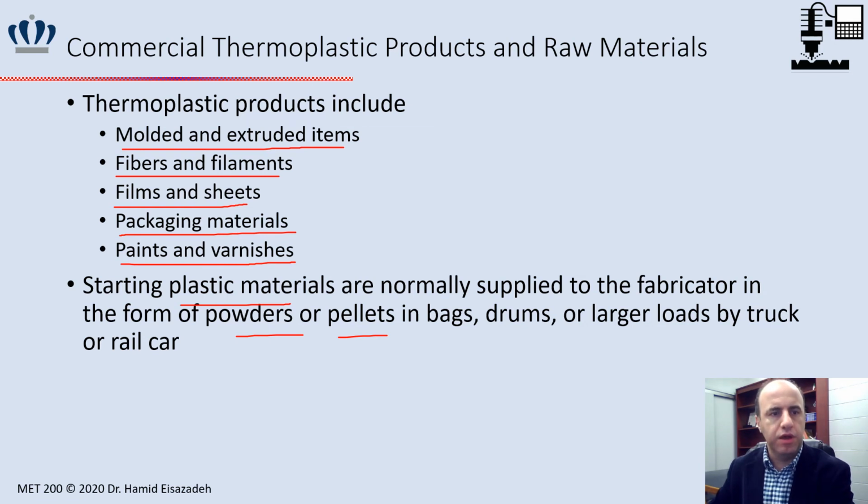But recently, we are using this thermoplastic material in the form of rod for additive manufacturing processes. There are some methods called fused deposition modeling, FDM, where the raw material has to be in the form of rod. So the rod is going to be more expensive than powder. The least price, I think, is going to be pellet.